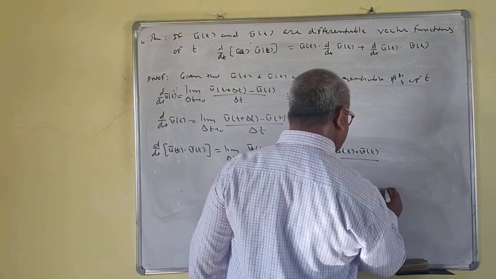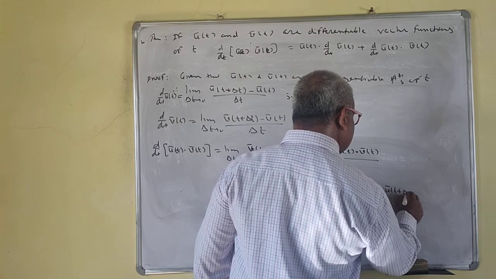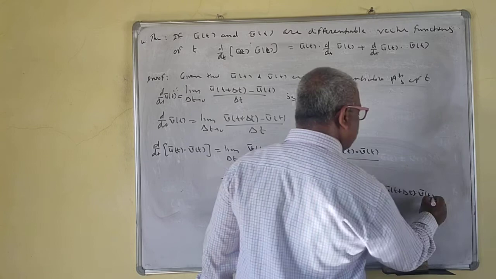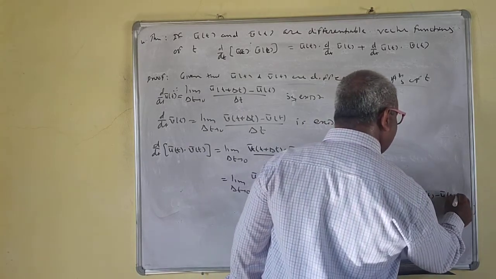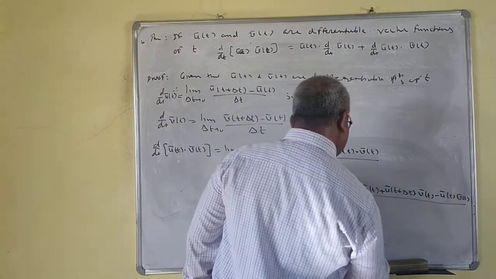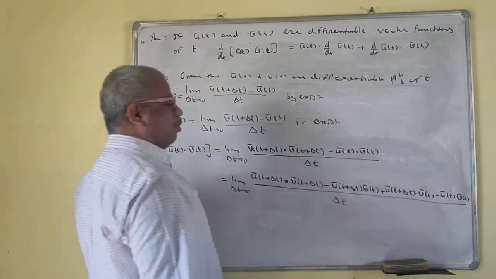So I will add u bar of t plus delta t dot v bar of t, and this is your original term u bar of t dot v bar of t, upon delta t.